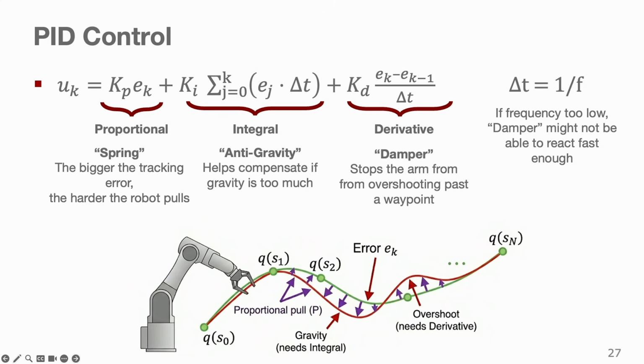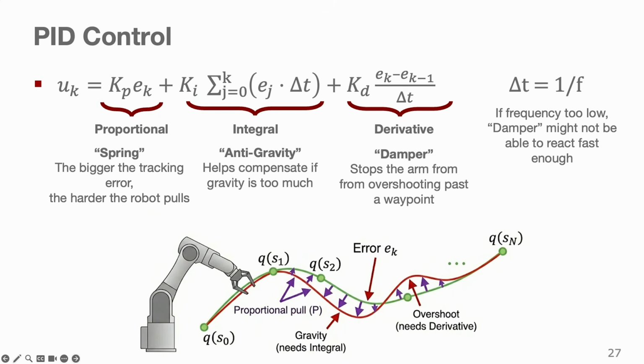I will not go into too much detail. I guess many of you have already learned this in other lectures, but I try to visualize a little bit how the different components of the PID controller work when you actually try to follow a trajectory with the robot. You can see, for example, that the proportional part is proportional to the error between the desired trajectory and the one your robot is currently following.